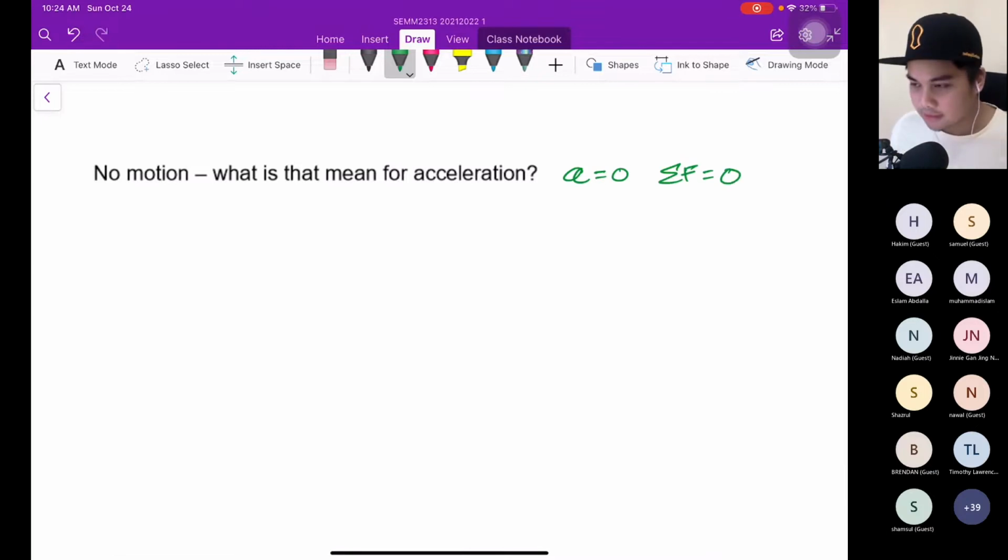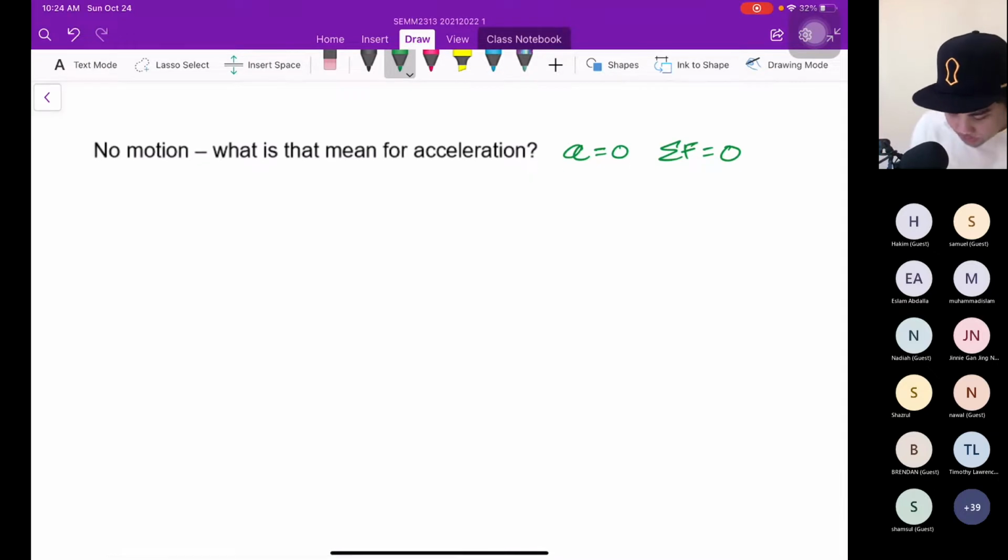When we talk about force, we definitely need to deal with a vector quantity, in the x and y direction. So let's do the force in x first. The summation of force in the x direction equals 0.